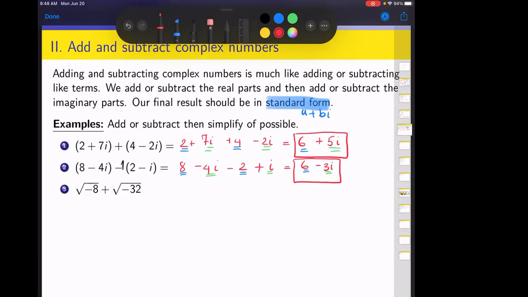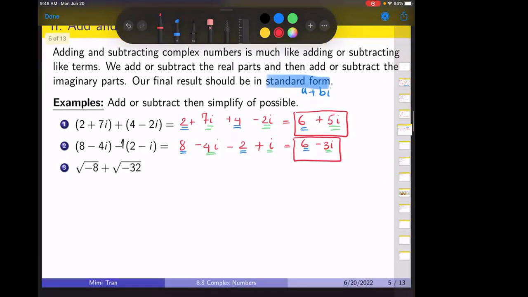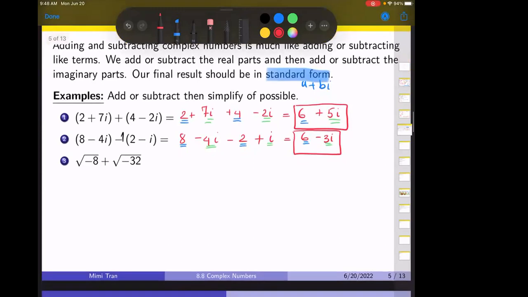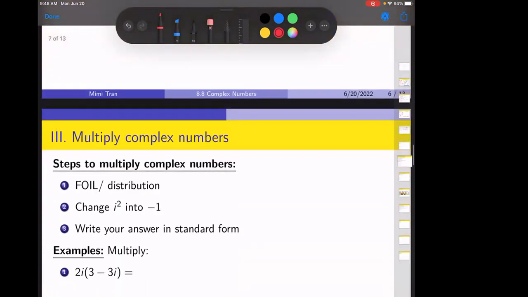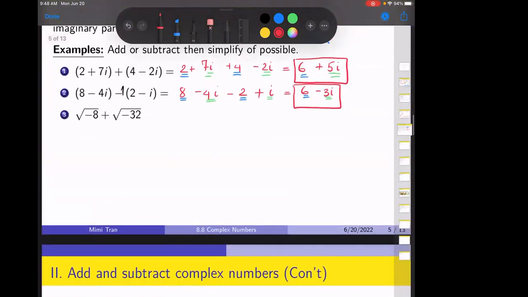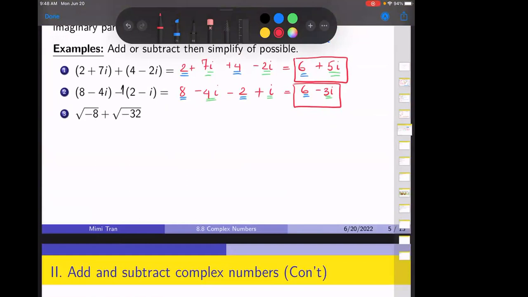Number 3, what do you think I should do first? Well, I cannot add root negative 8 plus root negative 32. What I can do is, well, this one I should have said simplify. Okay, simplify root negative 8 for me.